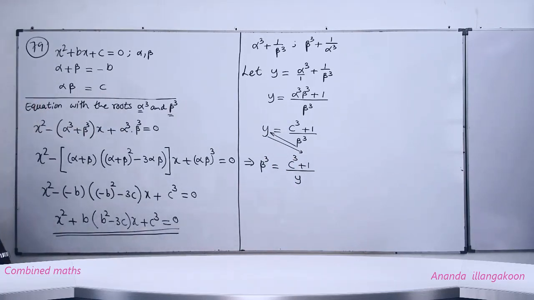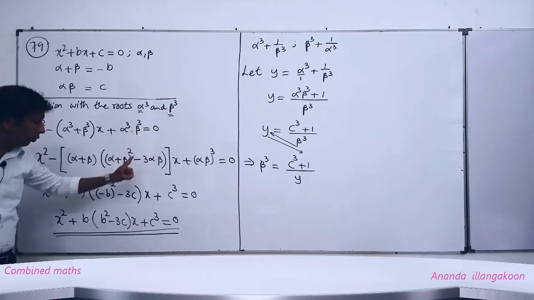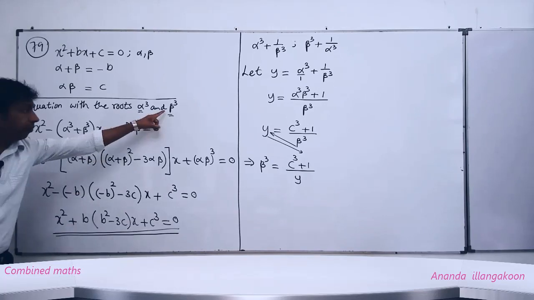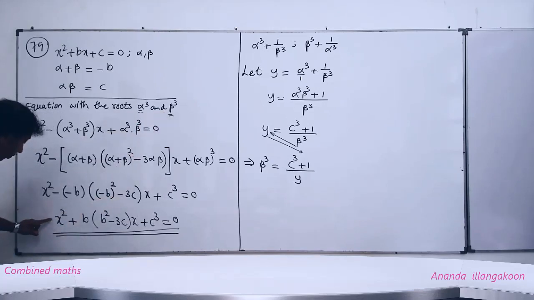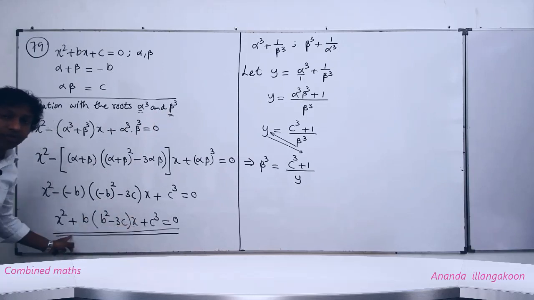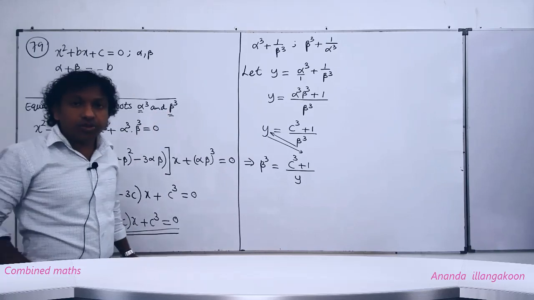Now people, this equation, its roots are alpha cube and beta cube. Since beta cube is a root of this equation, beta cube should satisfy it. That means when you substitute beta cube for every x, the left hand side should be equal to 0. We use that fact.